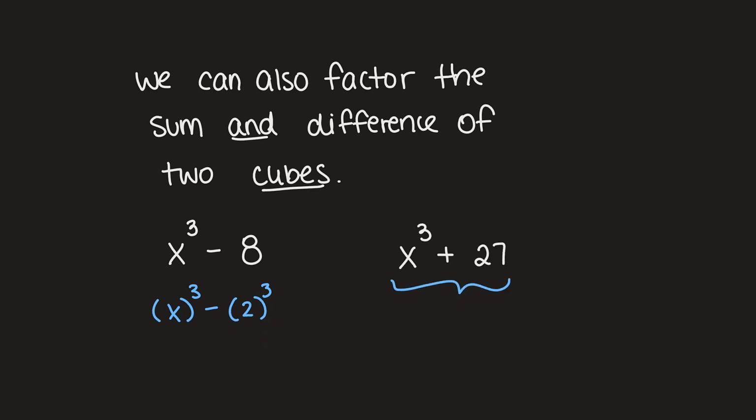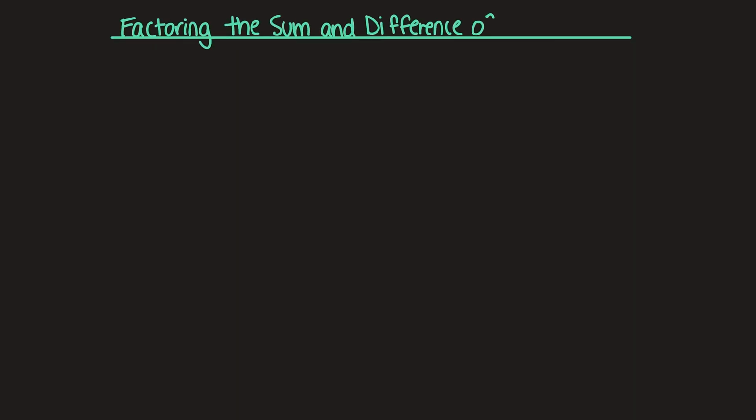And x cubed plus 27 is an example of a sum of cubes, where x cubed is a cube since it is raised to the third power, and 27 can be written as a cube if we rewrite it as 3 to the third power. So you want to be able to recognize if a binomial is written as a sum or difference of cubes.